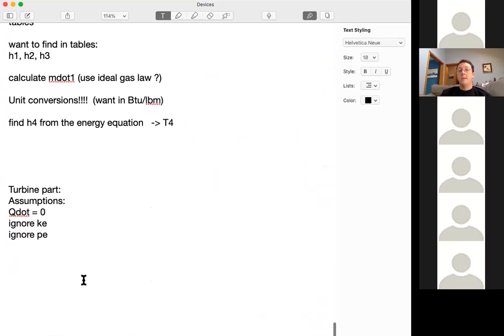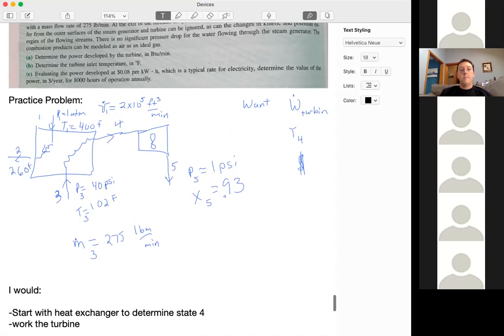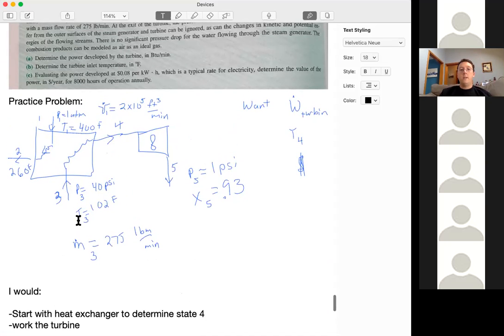And so then we're left with a really simple equation: 0 equals minus W dot divided by m dot, plus the enthalpy of the inlet. Which on the water line is the inlet for the turbine?